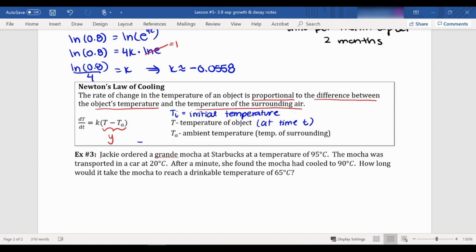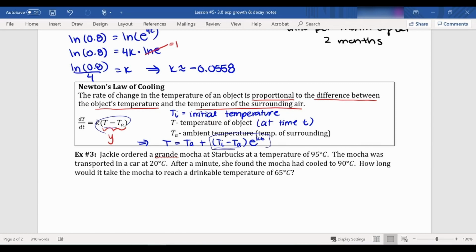Another formula that you can use is: big T, the temperature of the object at time t, is equal to the ambient temperature plus the initial temperature minus the ambient temperature, times e^(kt). So if I move the first TA to the other side, we would have T minus TA, that would be our y, and we'd be left with this little formula here.